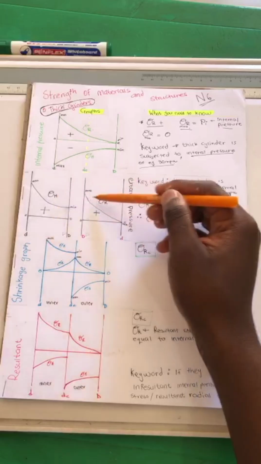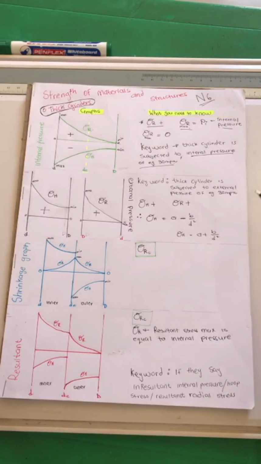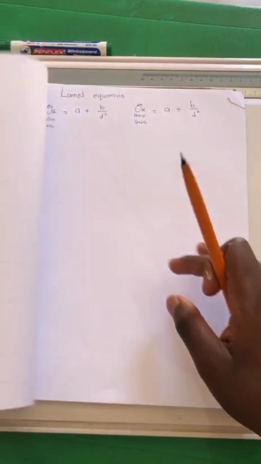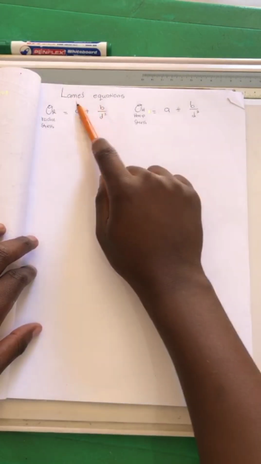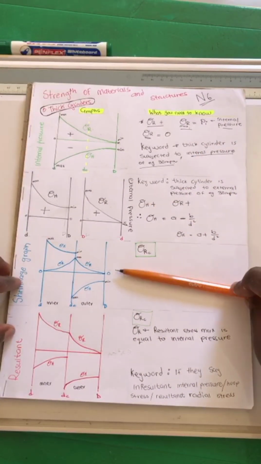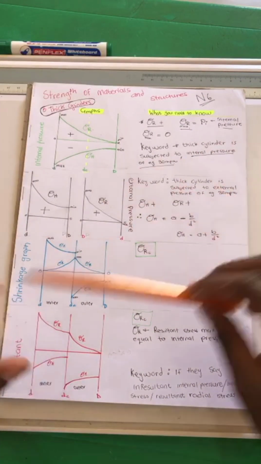But that doesn't change the fact that there's a law that we're going to be using in this topic, which is Lame's equations. It doesn't change this. Nonetheless, I've not introduced that yet. Let's continue with the graphs.